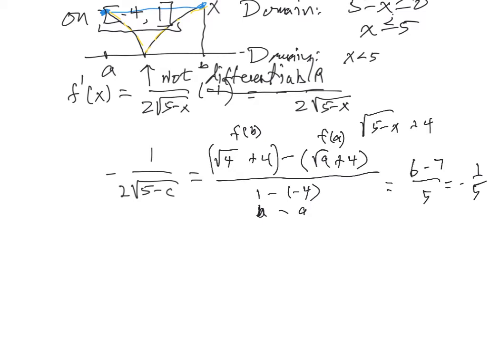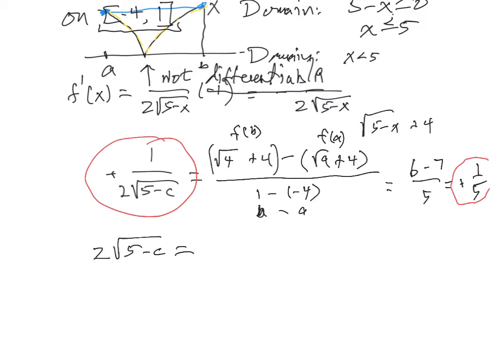And now we want to solve this equation where this thing is equal to that thing. That's what we need to solve. Let's cross multiply. Notice the minus signs are going to cancel out. So we'll do that. And then I'm going to get 2 square root 5 minus c equals 5. And so the square root of 5 minus c equals 5 halves.